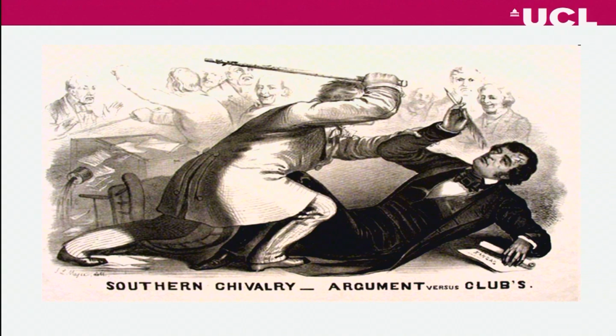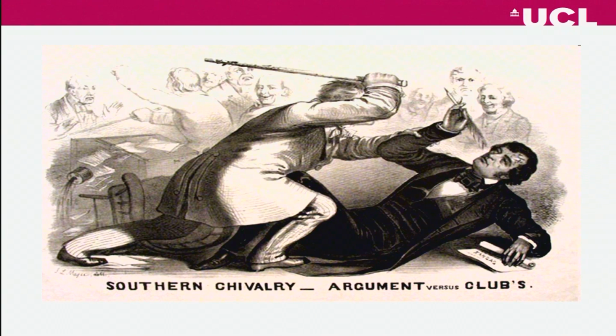the images presented in the popular press helped to demonize the South and create the circumstances where people could imagine Southerners as their enemies. This is a very famous incident which took place on the floor of the Senate of the United States, where an anti-slavery senator from Massachusetts, Charles Sumner, was brutally attacked, beaten almost to death by a Southern congressman, Preston Brooks.